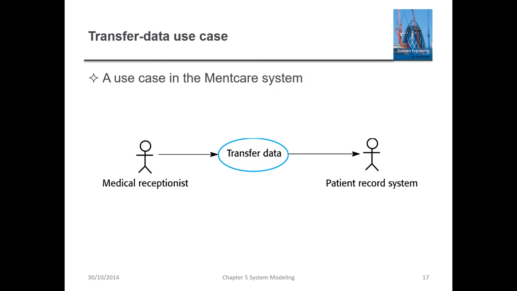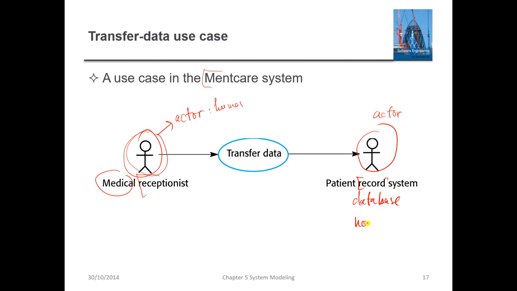Here is an example of a use case diagram, the transfer data use case. In this system, here is a medical receptionist, who is an actor, and here is the patient record system, the database.